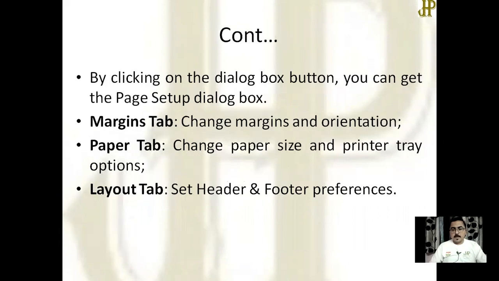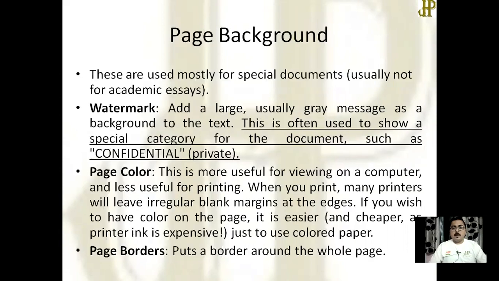Okay, I already discussed. There are three tabs. You can see the margin tab, paper tab, and layout tab. Now, page background. Sometimes you can see that your document is printed very well, but in the background something is written.